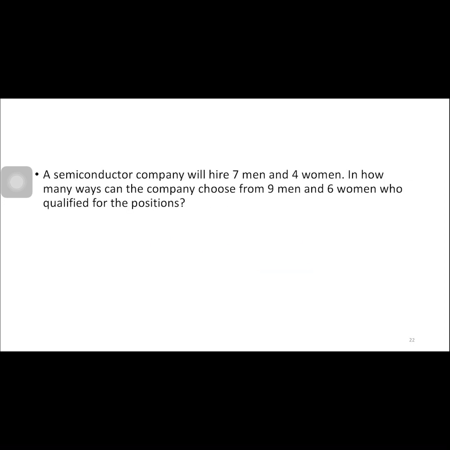Next, a semiconductor company will hire 7 men and 4 women. So we need 7 men and, please take note of this, and 4 women. In how many ways can the company choose from 9 men and 6 women who qualified for the position? That is 9 available men, and we need only 7 men.